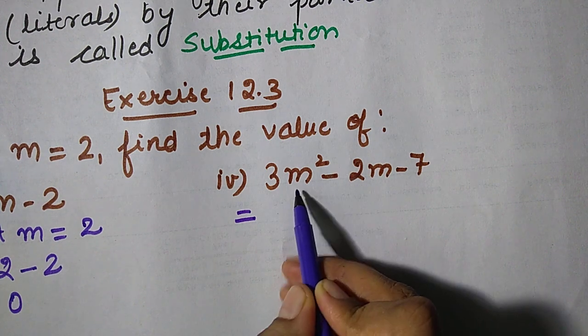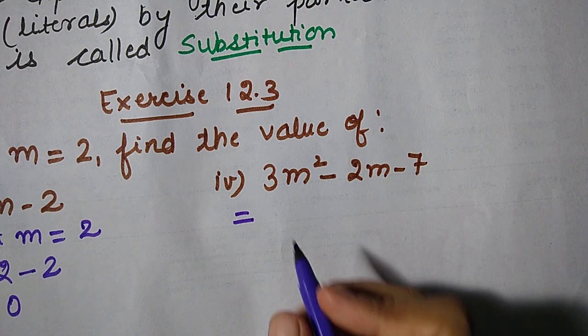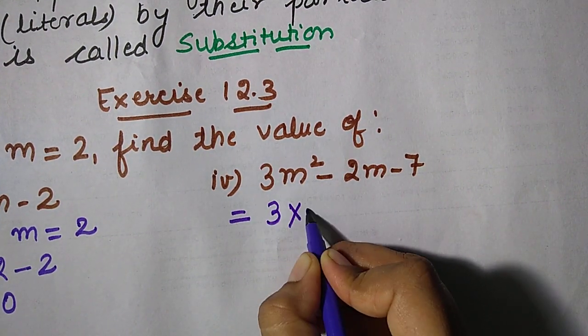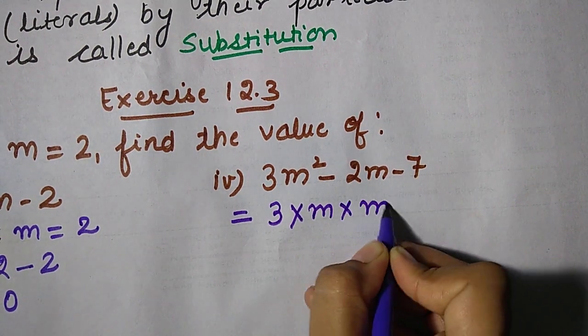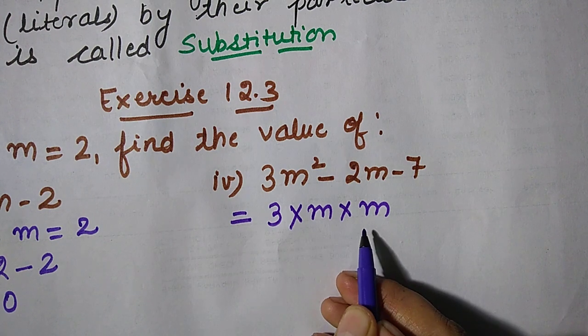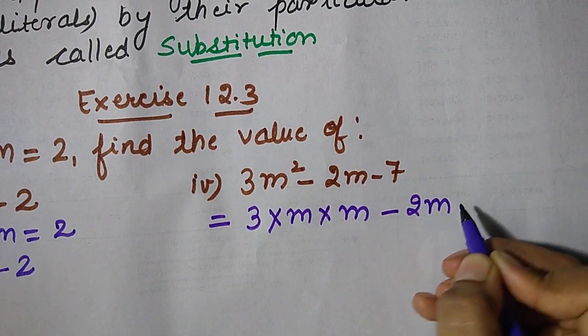So I will write m square equals to m into m. So this expression can be written as 3 into m into m, because m square simply means m into m. And I will write the rest the same.